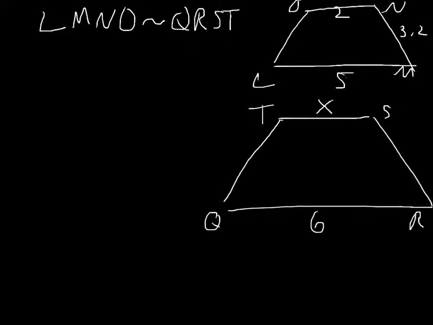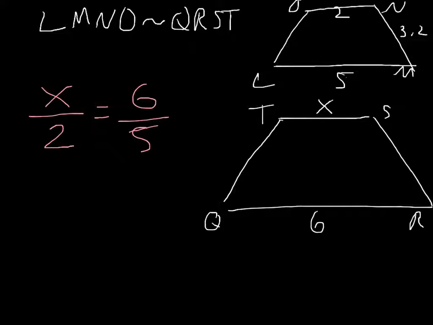This is a simple question. All you need to do is set up a proportion, keeping corresponding sides together. X corresponds to what side in the other trapezoid? X corresponds to 2, and then I know the 6, and 6 corresponds to 5.